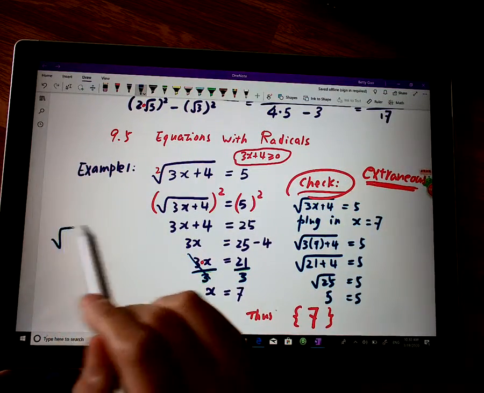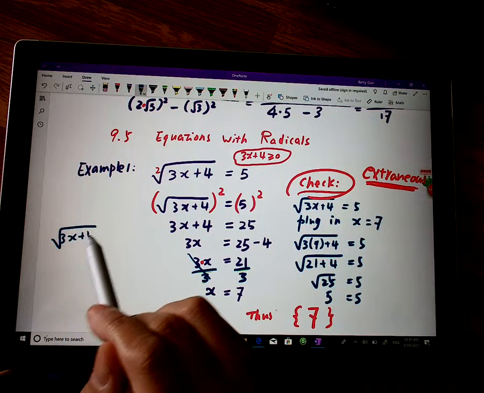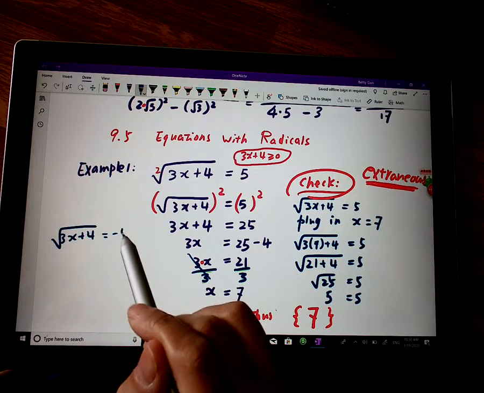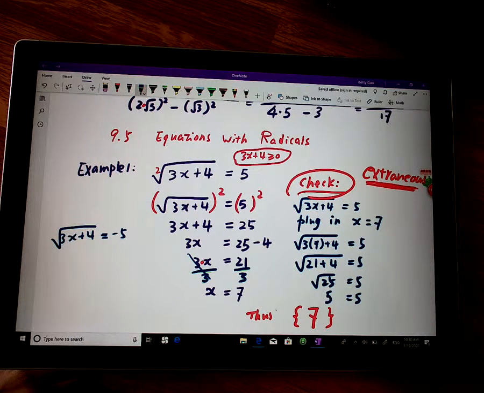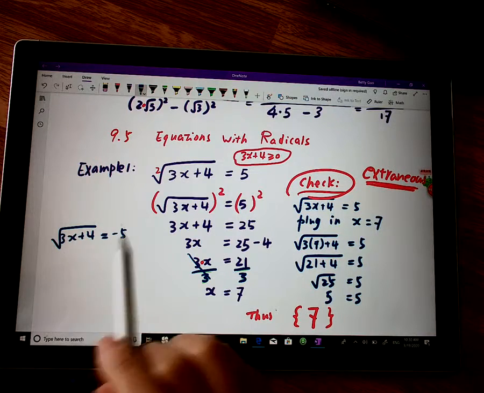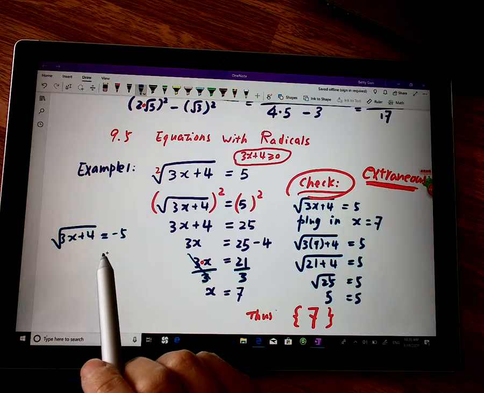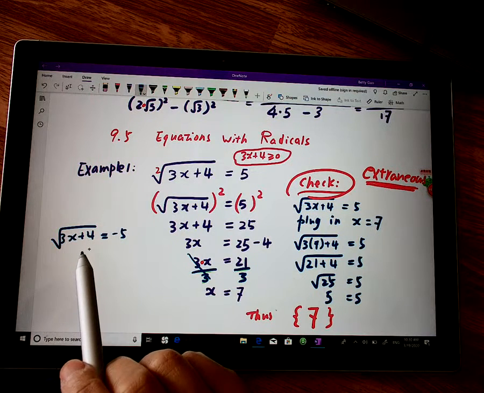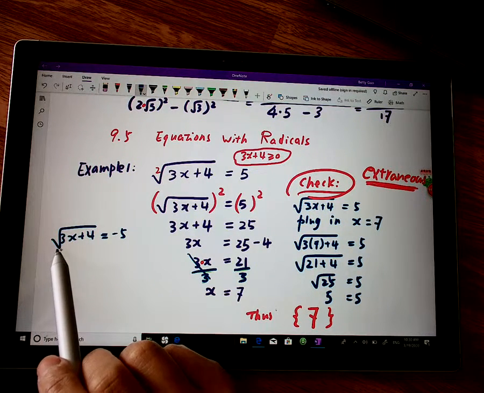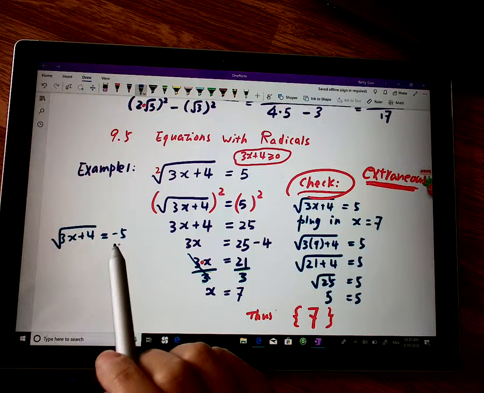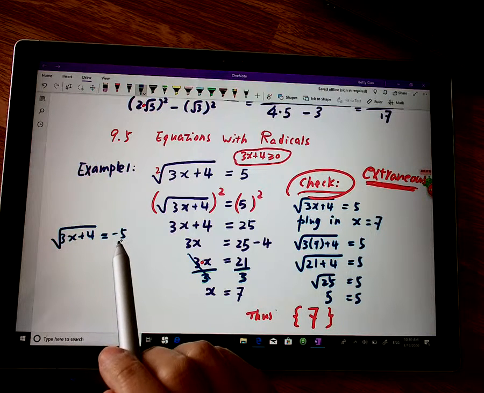What if the equation is square root 3x plus 4 equals a negative 5? How do you solve this equation? This actually is a very simple equation. Left-hand side is the principal square root of 3x plus 4. Right-hand side is a negative 5.